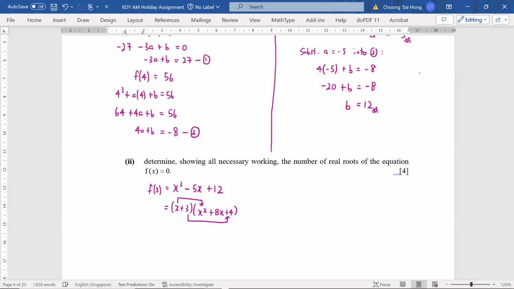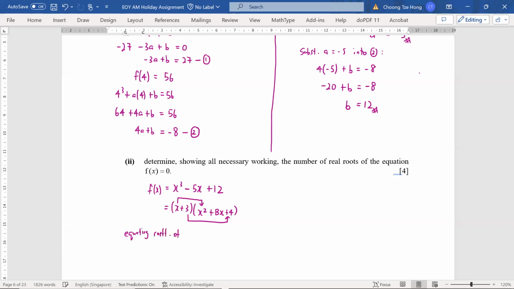To find b, usually what we'll do is equate coefficient of either x squared or equate coefficients of x. Maybe we can equate coefficient of x squared for this question and see what happens.